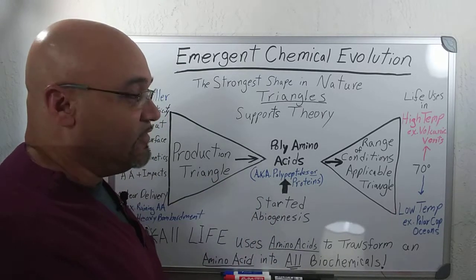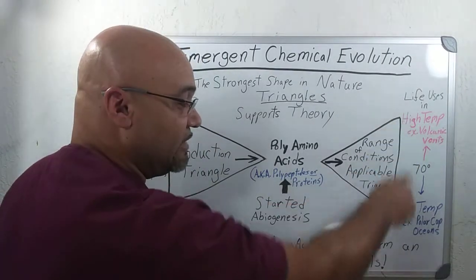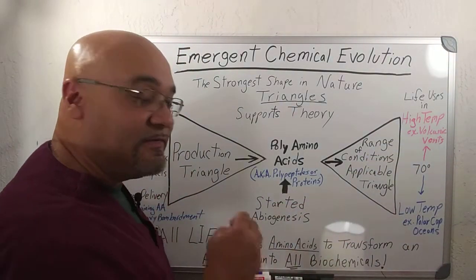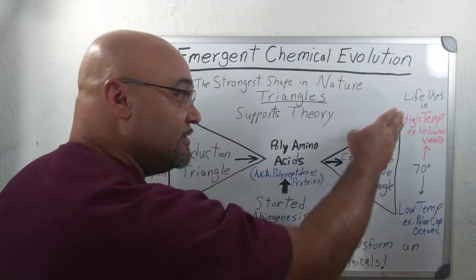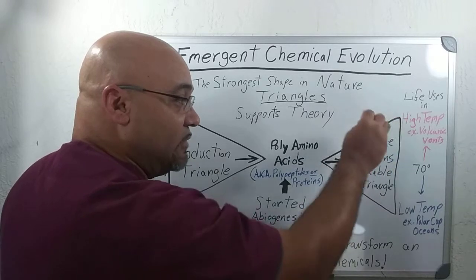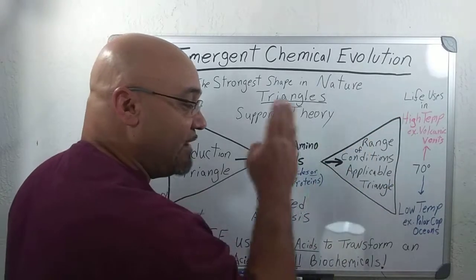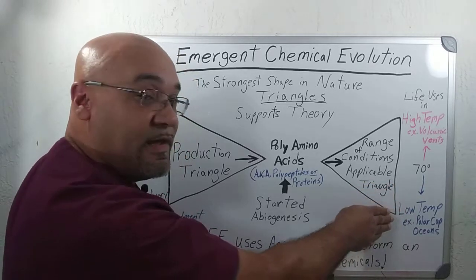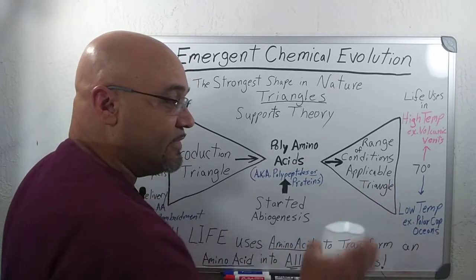The only difference is a 45% difference in sequence, meaning the arrangement and location of the amino acids up here are 45% different from the arrangement they have down here at low temperatures.